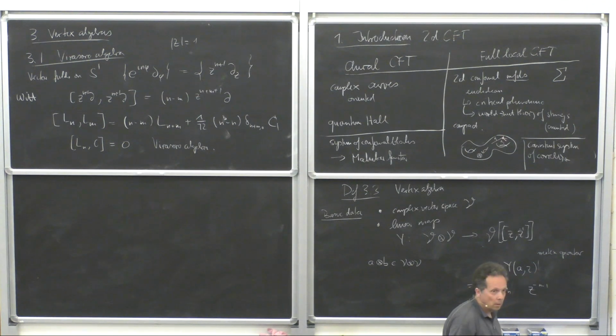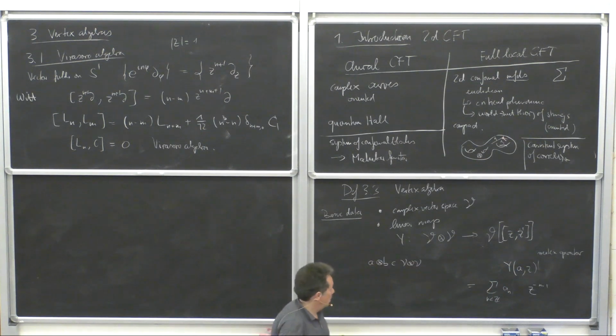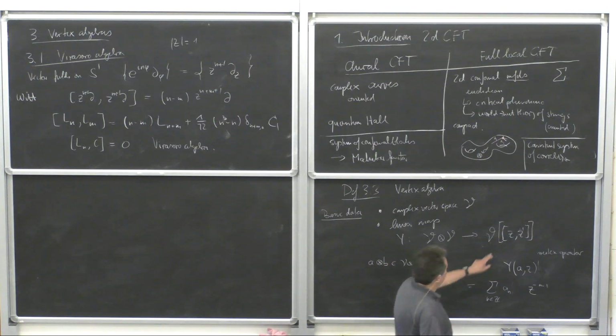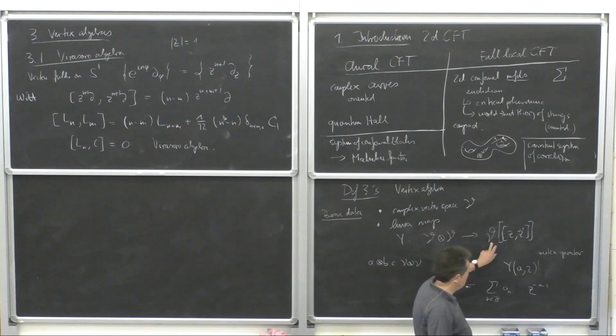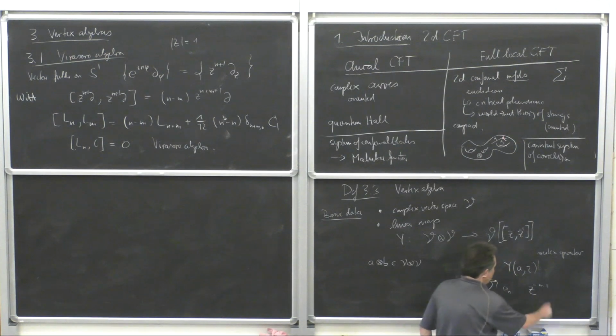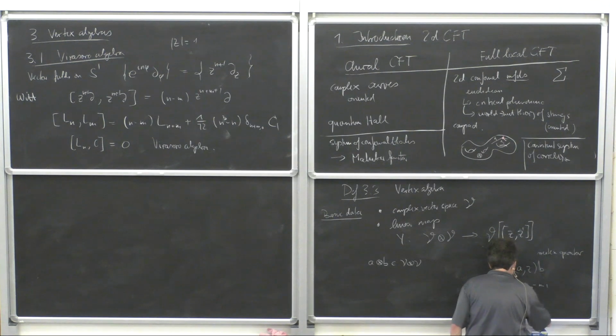So V is a vector space? No. So what's AN? On the very last line, you have a sum over n of A_n Z to the... Remember that we had this here.